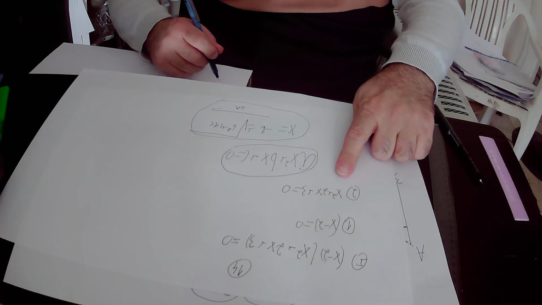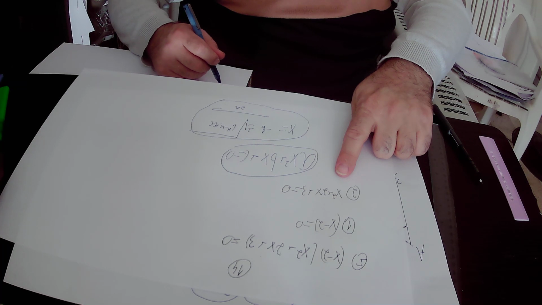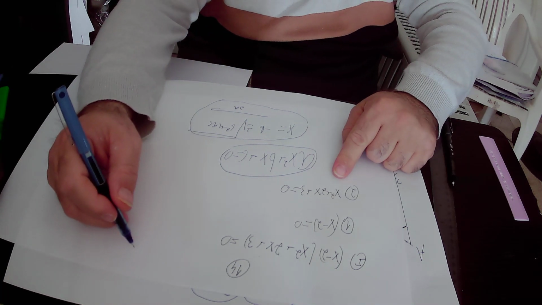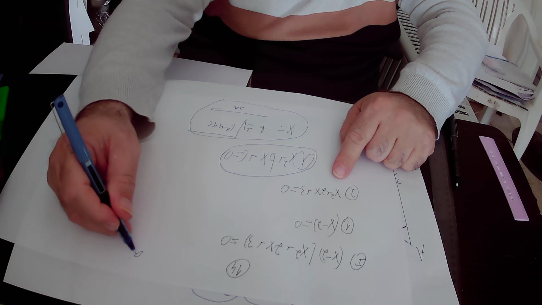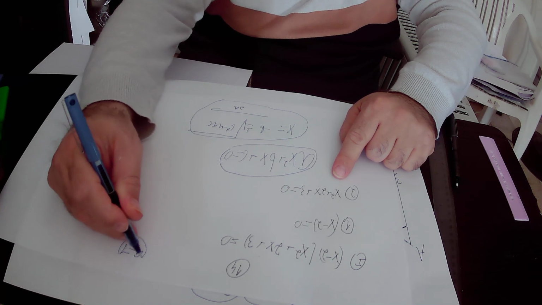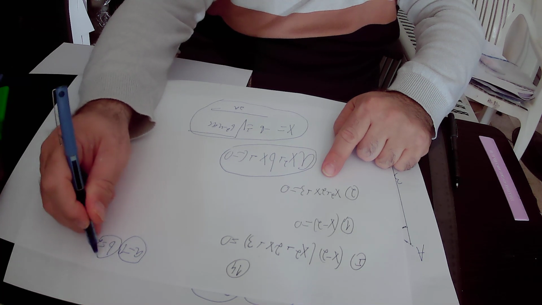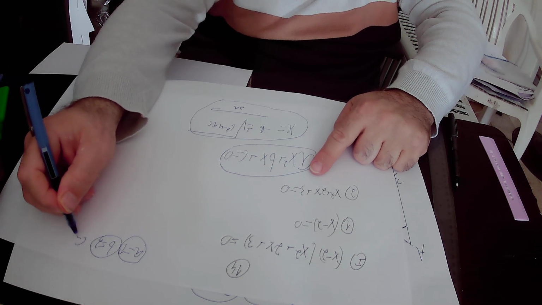the values of its coefficients are as follows. Here the coefficient a equals to 1, the coefficient b equals to 2, and the coefficient c equals to 3.